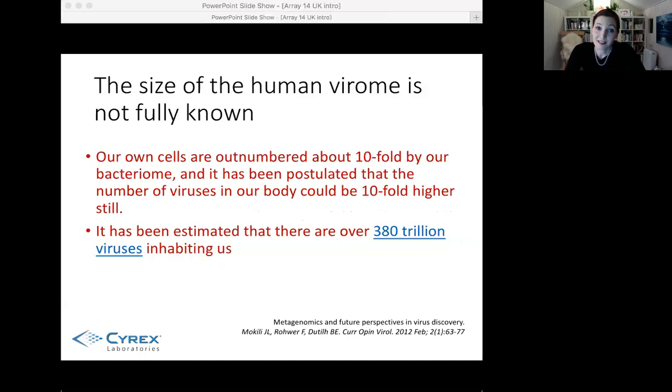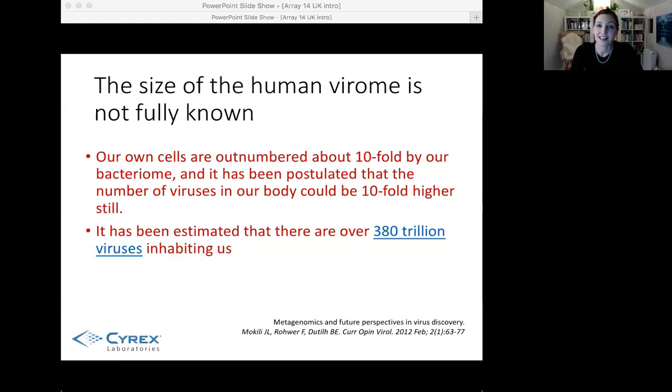So our own cells are outnumbered roughly 10-fold by the bacteria that live in the body. There are 10 times more bacteria than there are cells in the body, and that number might also have been underestimated. But it has been postulated that the number of viruses could be 10-fold higher still than the number of bacteria. So it has been estimated that there are over 380 trillion viruses inhabiting us.